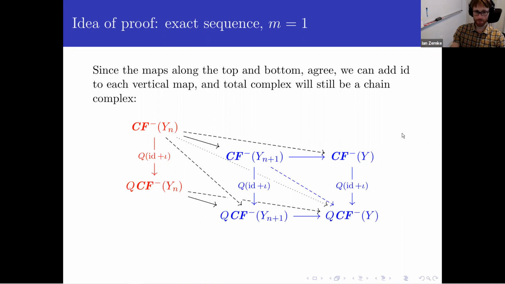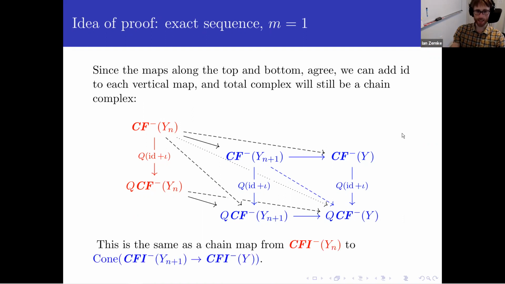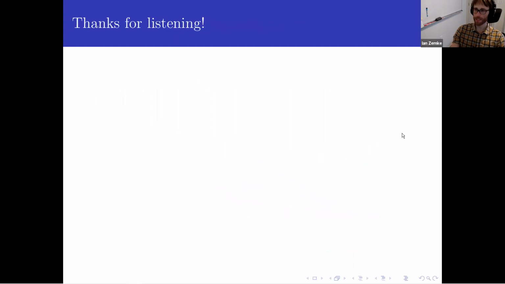The red thing is exactly CFI minus of y sub n, and the blue thing is exactly the mapping cone of some cobordism. So the whole game amounts to building these cubes that look like this, and trying to ensure that these cubes satisfy certain properties. But I think that's all I want to say about the construction or about the proof.